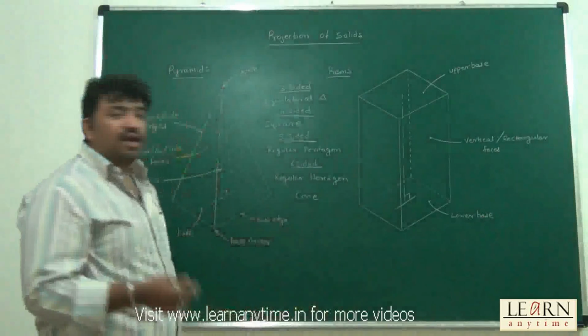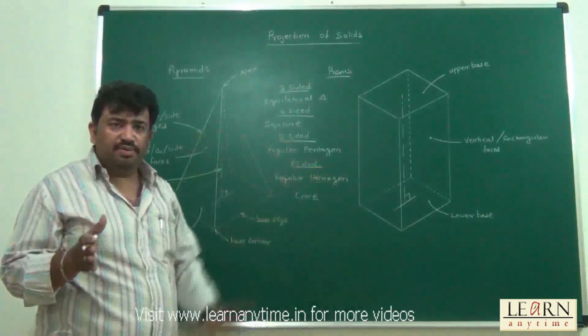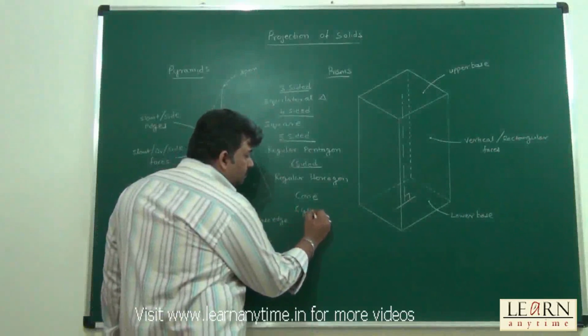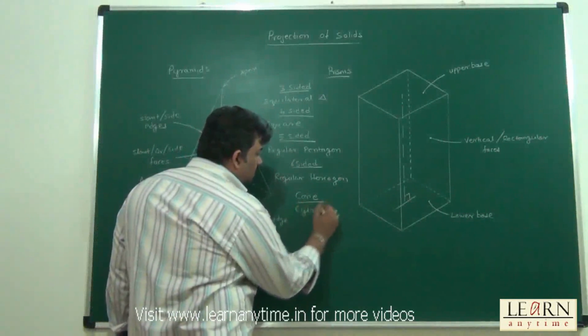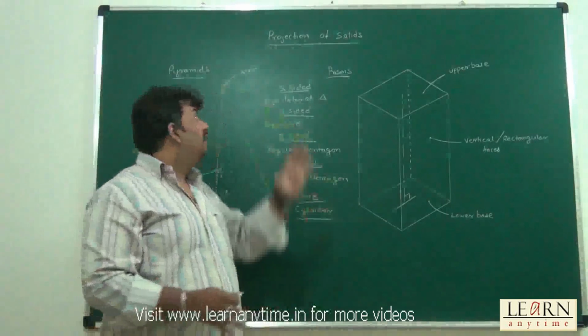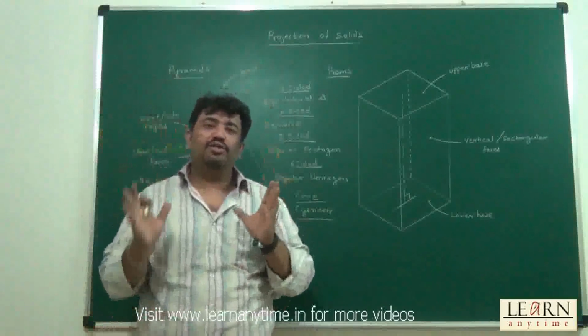That's why we count the cylinder as a different category other than the prisms. So we get our 10th solid, the cylinder. All in all, in the entire projection of solids chapter, we have just 10 solids.